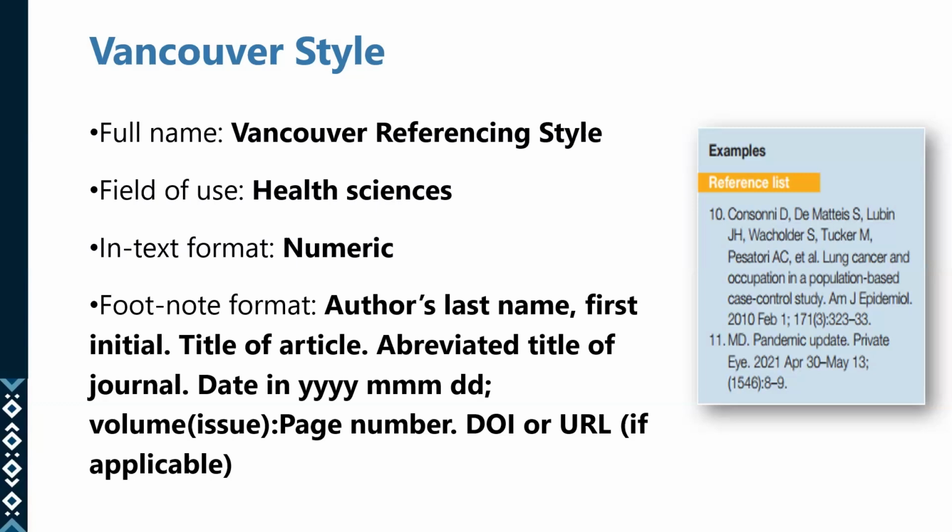Here we have the author's last name and first initial, the title of the article, the abbreviated title of the journal, the date using the format year, month, and day, the volume and the issue number in round brackets, the page number, and then the DOI or the link if applicable.